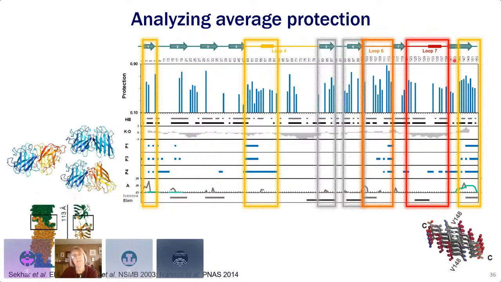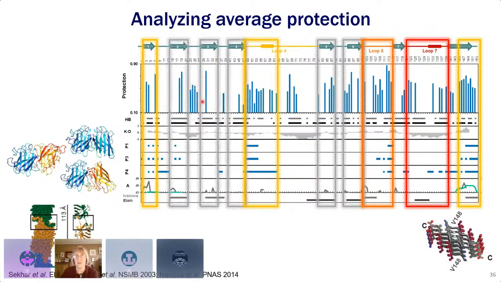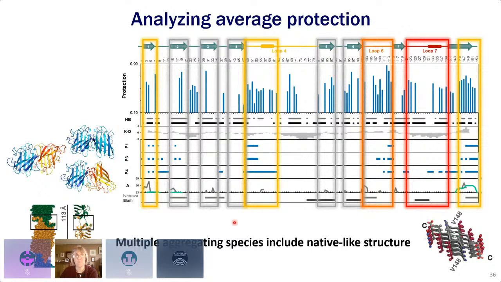And that happens by the electrostatic loop packing against these edge strands, beta 5 and beta 6. So that's what's here in this interface. And in addition, our native strands are protected. So what we conclude from this is that we're really seeing something very different from what the earlier study saw, in that we must be having multiple native-like structures aggregating.